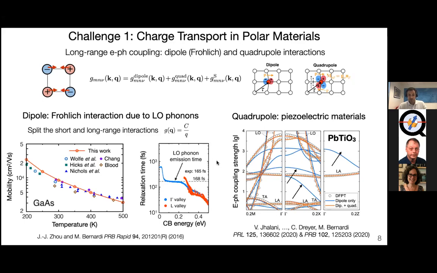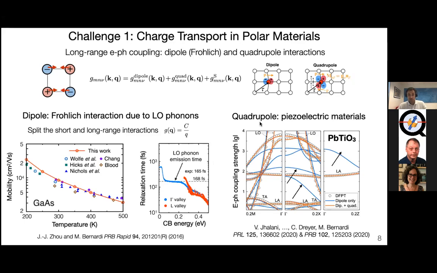Recently, we have completed the first principles theory of long-range electron-phonon interactions by showing in these two works, in a collaboration with Cyrus Dreyer, how to properly include the quadrupole term.